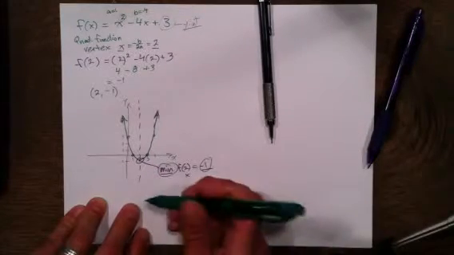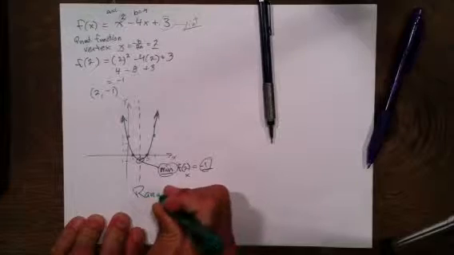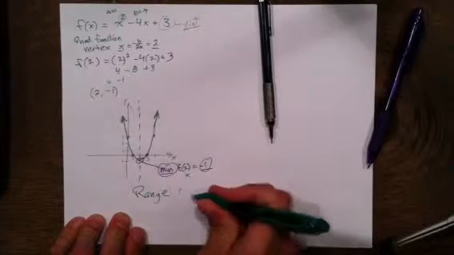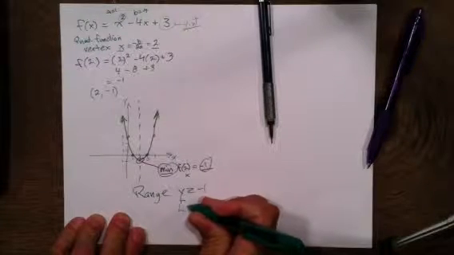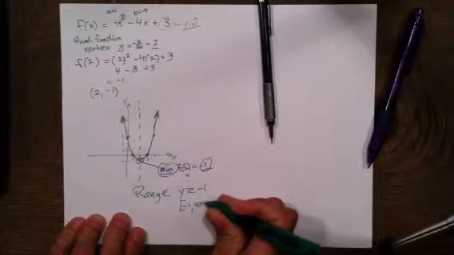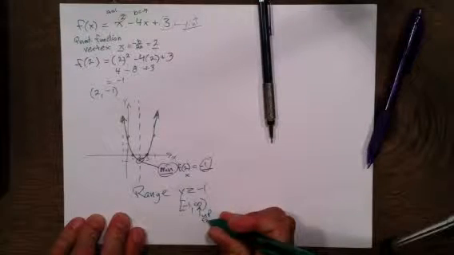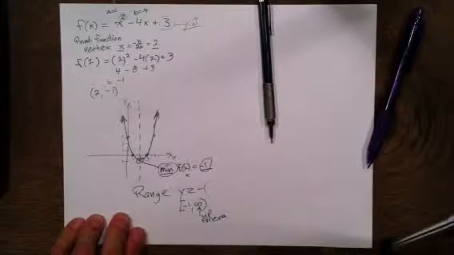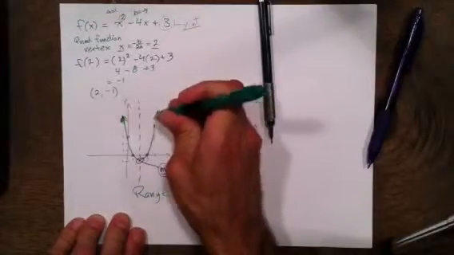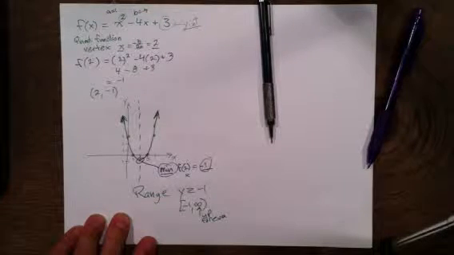So that leads me to believe that the range for this thing, y is greater than or equal to -1, or square bracket -1 to infinity. In this case, the infinity means up forever. Pretty nice, huh? Not a bad graph. Again, calculator is really helpful in making that happen. Graph paper is even better.